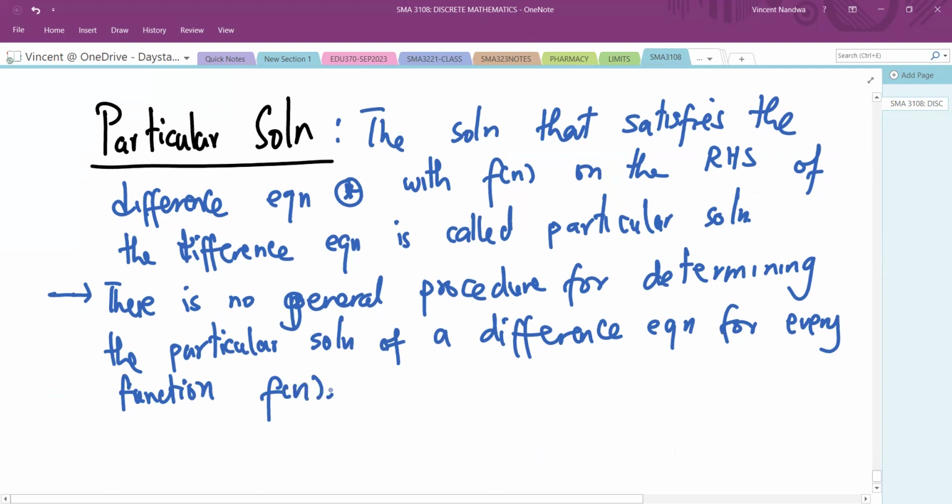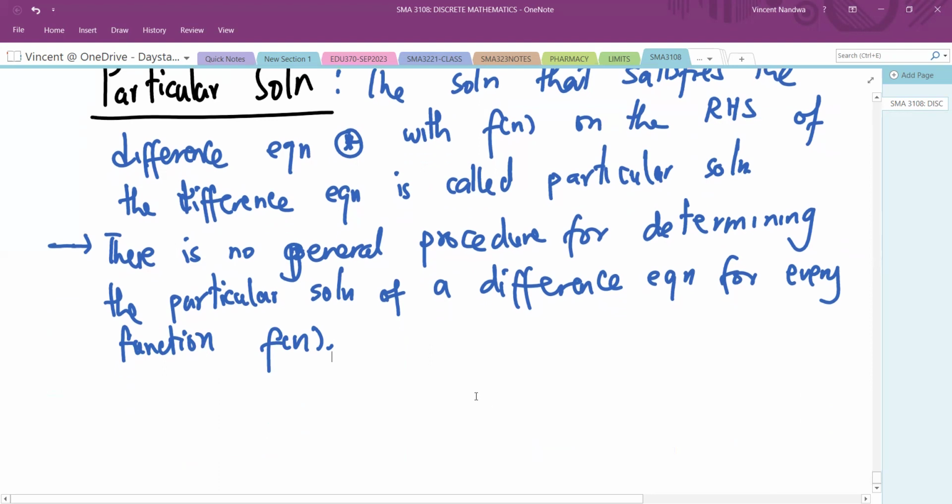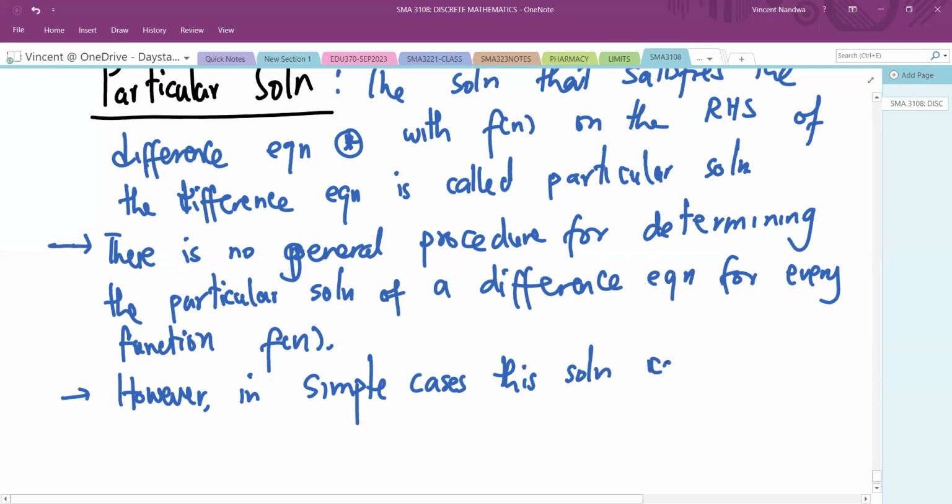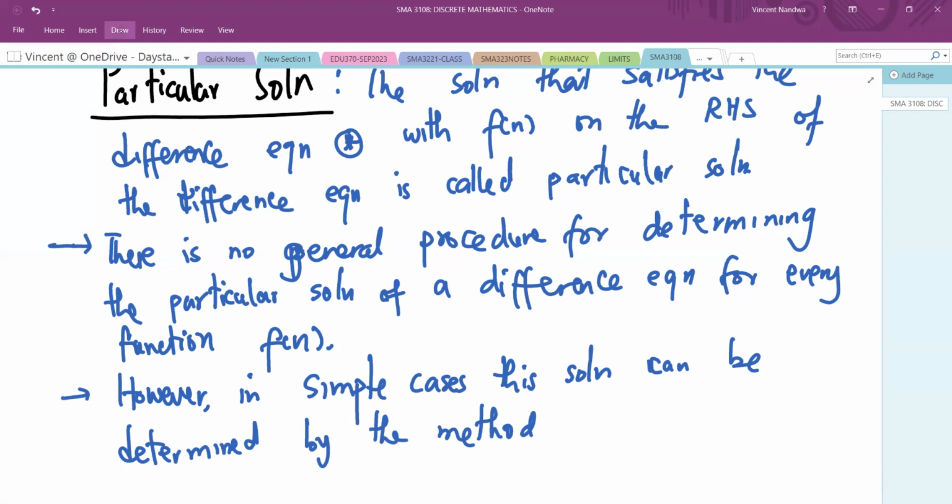However, for simpler cases, this solution can be determined by the method of inspection, called the trial sequence method.